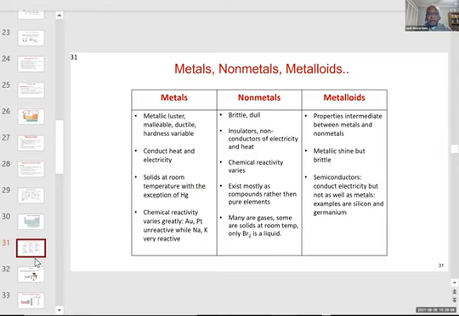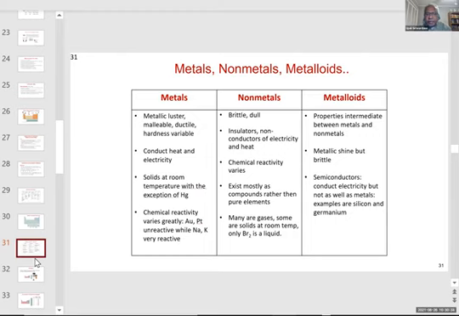Metals have metallic properties, conduct heat and electricity, and are solids at room temperature. Chemical reactivity varies greatly. Some of the metals, like alkali and alkaline earth metals, are highly reactive. Some, like gold, platinum and transition elements, are unreactive.